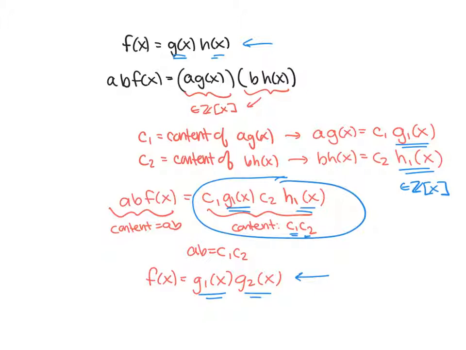All right, so we know G1 is primitive and we know H1 is primitive because we factored out the content. Gauss's lemma tells us that G1 times H1 is still primitive. And so the content of this whole big product is just C1 times C2. So this step is where we used Gauss's lemma.